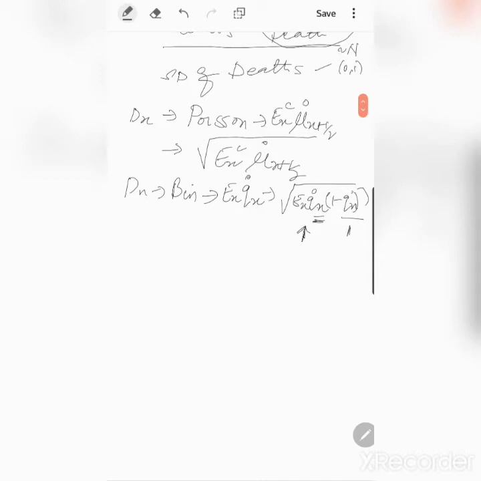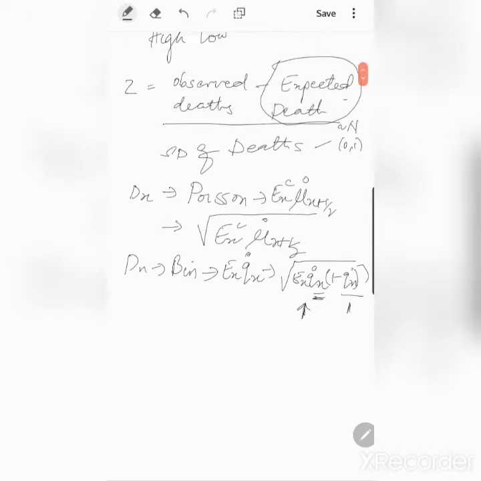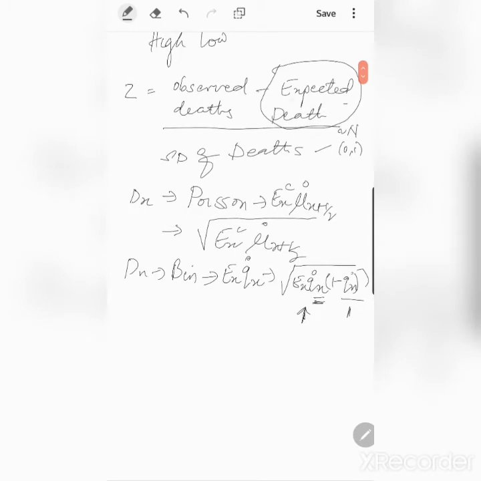So what we can do is compute the total expected deaths across all ages. I do this multiplication and addition. When I'm using a Poisson model, the expected deaths would be the sum of the central exposed to risk times mu x plus half across all of them.